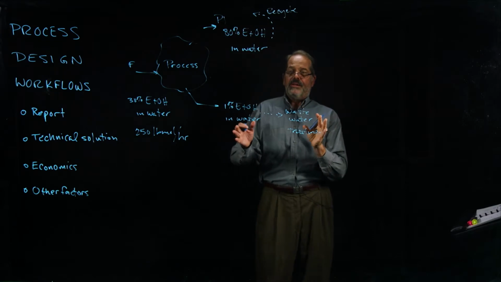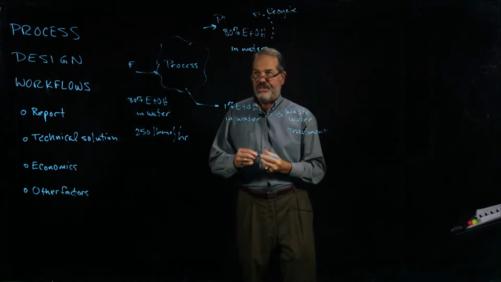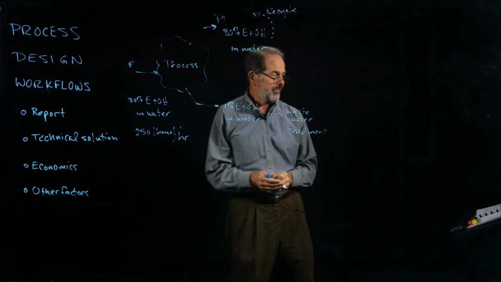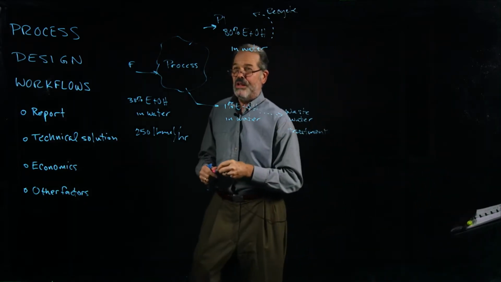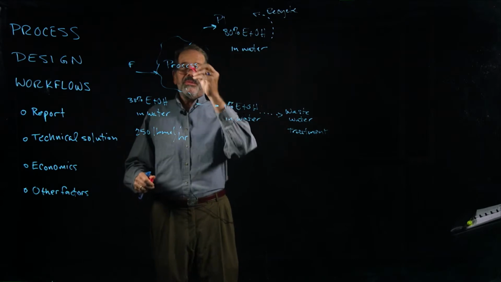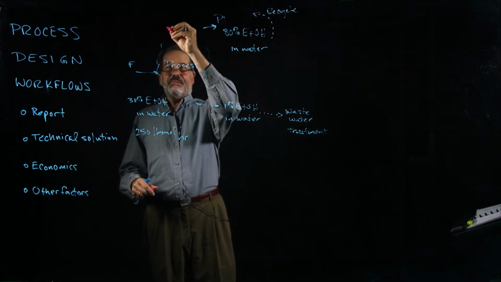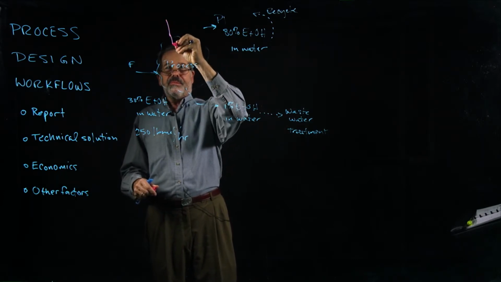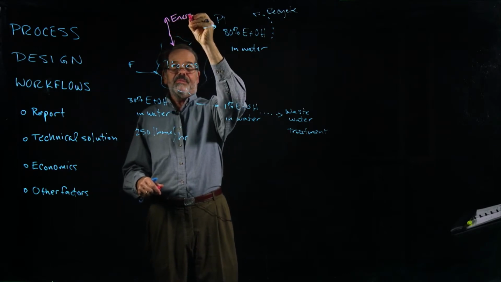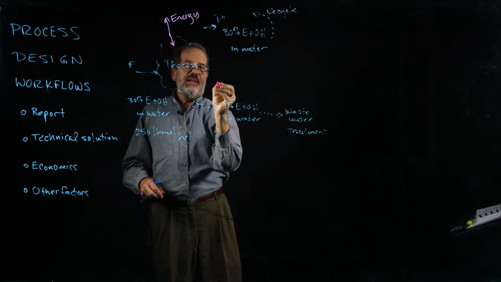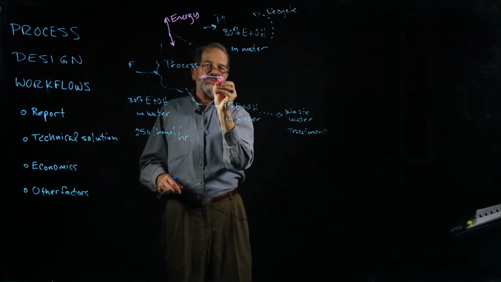Okay, so in doing process design, we're interested in certainly the technology here, but we have some other things that are important to us. We need to know what kind of energy streams we have. We may have other utilities that we need for this process.